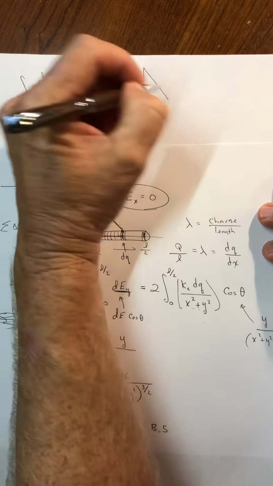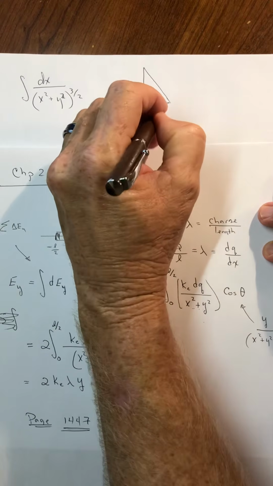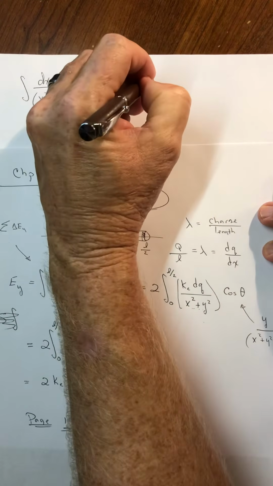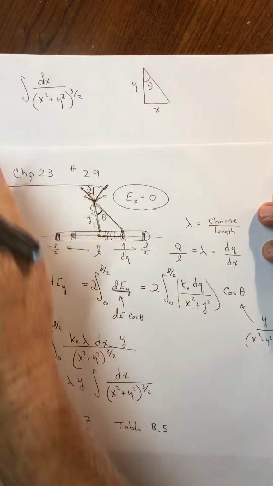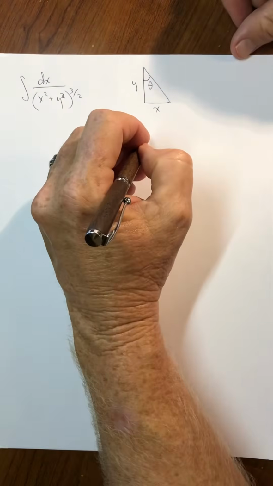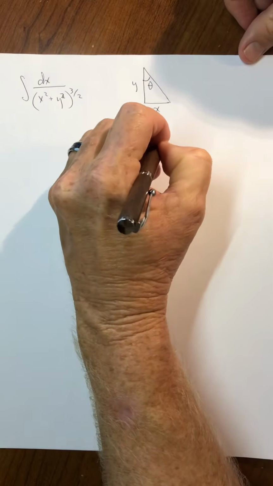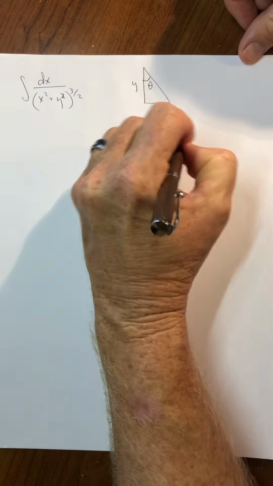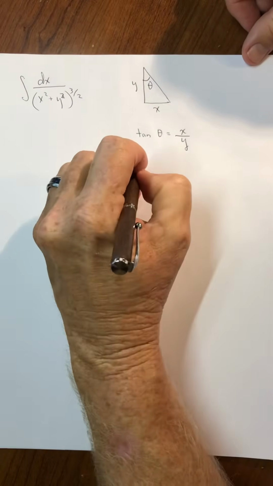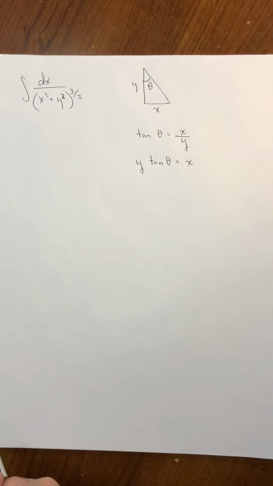Because you can see the value of the trig sub when you look at a right angle triangle, knowing this is the x and this is the y. If we call this angle theta, you can see then that the tangent of theta is x over y, which means y times the tangent of theta is equal to x.